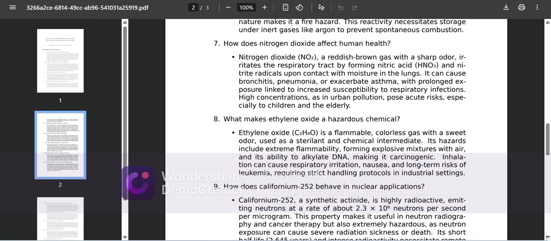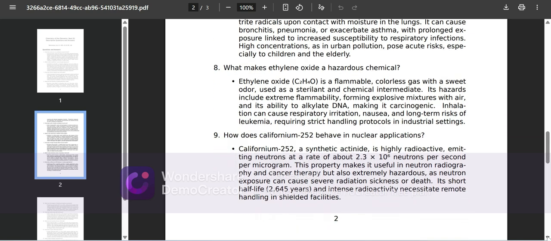It can cause bronchitis, pneumonia, or exacerbate asthma, with prolonged exposure linked to increased susceptibility to respiratory infections. High concentrations, as in urban pollution, pose acute risk, especially to children and the elderly.